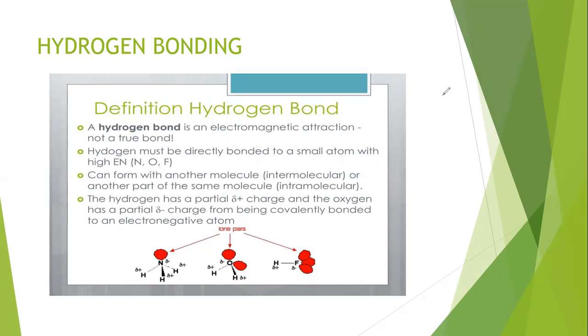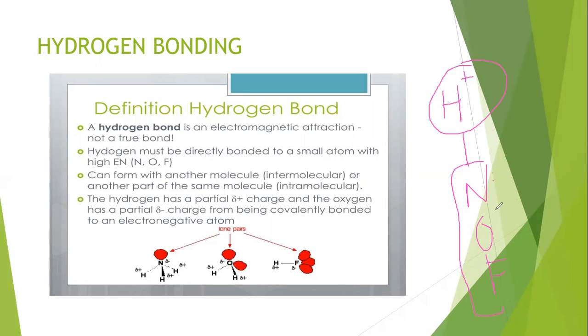Hydrogen bonding is observed between the highly electropositive hydrogen atom and highly electronegative atoms with lone pairs: nitrogen, oxygen, and fluorine.